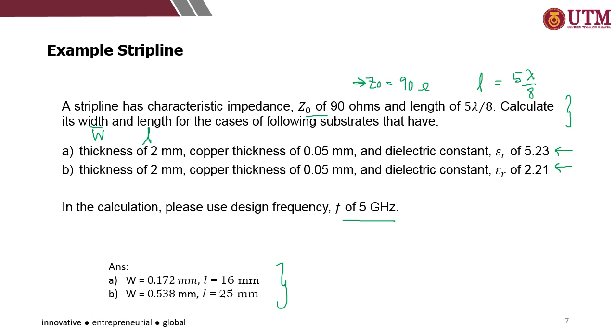You need to calculate the width and the length for two different cases, which use different properties of substrate materials where the strip line is sandwiched. In the calculation, use the frequency f equal to 5 GHz. The answer is shown. However, as I mentioned earlier, you need to show clearly your steps, which include the general equation, and then include the values into the equation before your final answer.